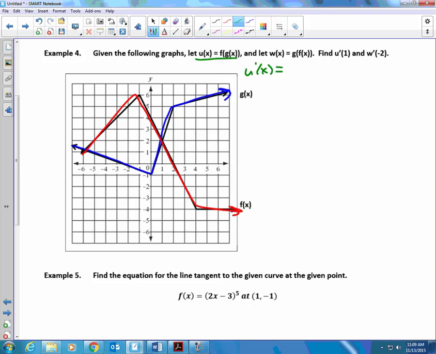Somebody give me a rule for u prime of x. g prime of x. Good. And I'm trying to evaluate u prime of 1. So I've got g prime of 1 times f prime of g of 1.